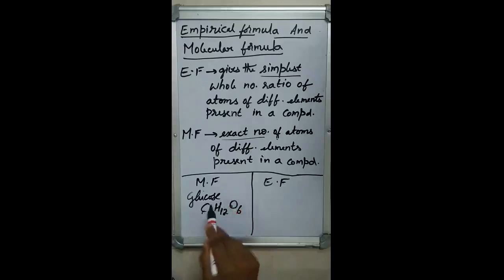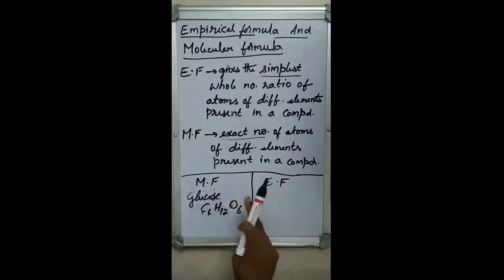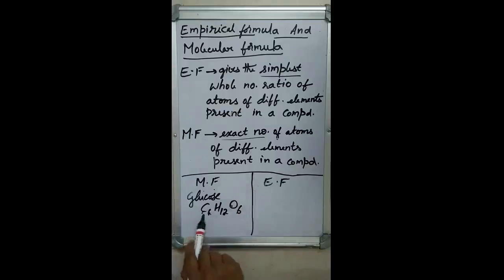I hope you understood the meaning of molecular formula. I will repeat it again. Now glucose means there should be 6 carbon atoms, 12 hydrogen atoms and 6 oxygen atoms. Okay, it is fixed. So that's why we are saying that molecular formula is nothing but the exact number of atoms of different elements.